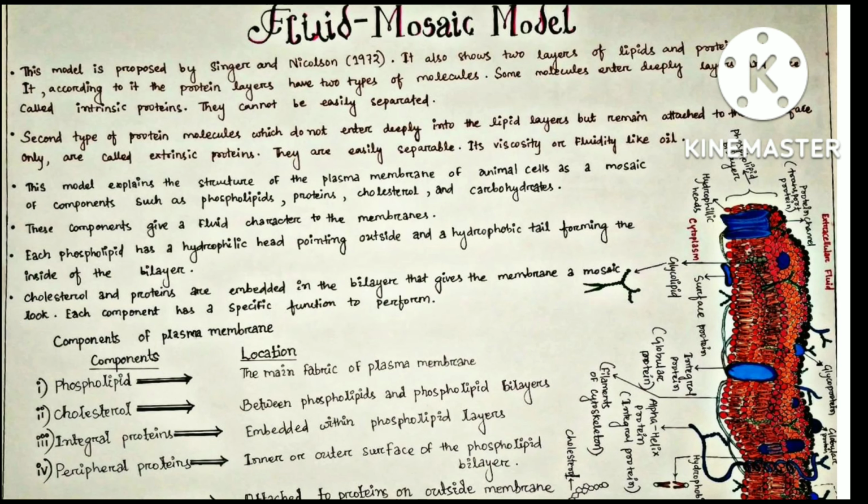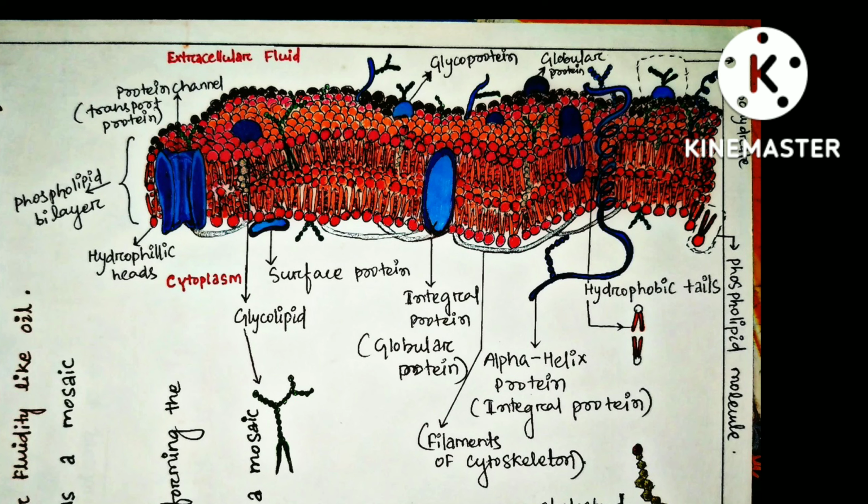It also shows two layers of lipids and proteins each. But according to it, the protein layers have two types of molecules. Some molecules enter deeply into the lipid layers and are intrinsic proteins.